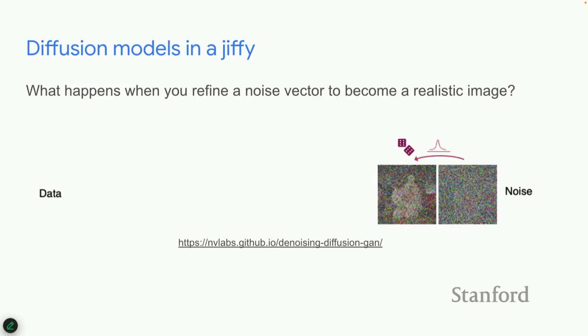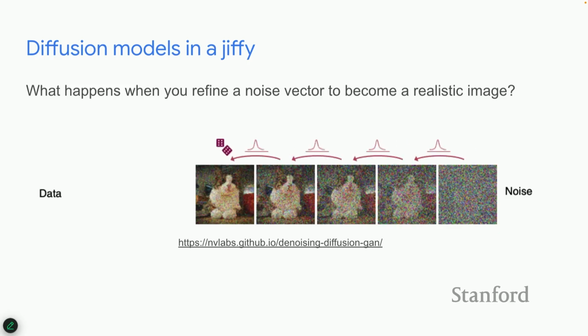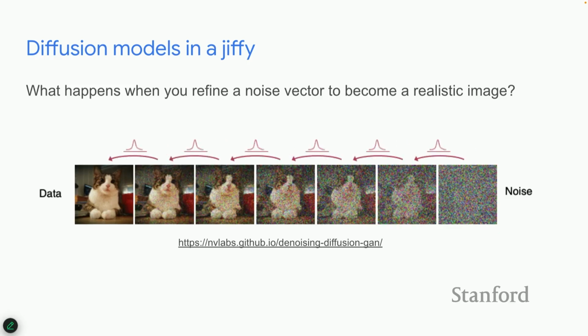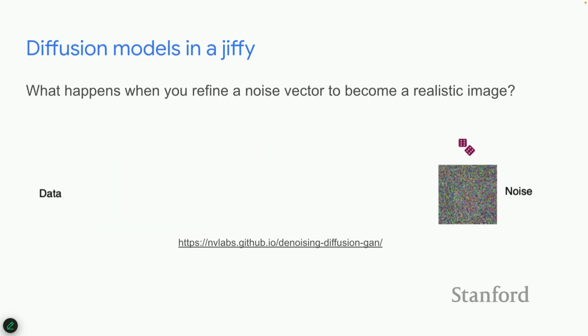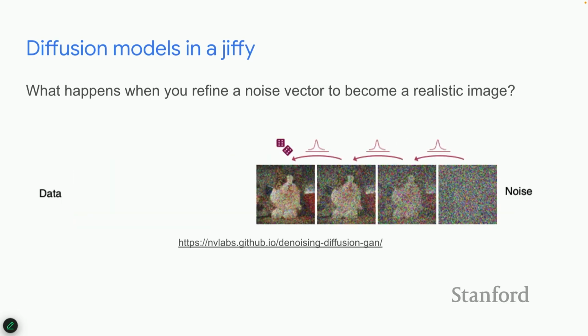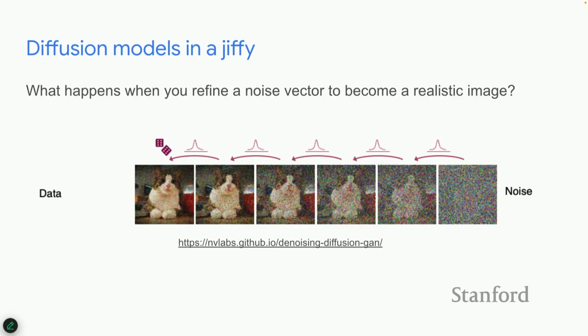GANs are one-shot in nature, but diffusion models are iterative. It's sequential in nature. We are essentially denoising the random noise that we started off with until we get the kind of image that we are looking for. So just know that it's iterative in nature. That's the main takeaway from this slide.